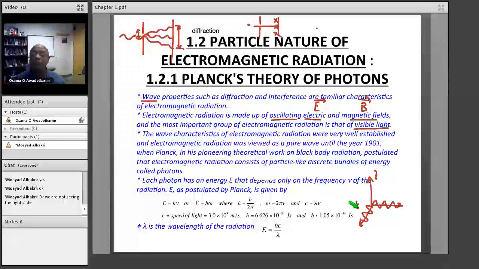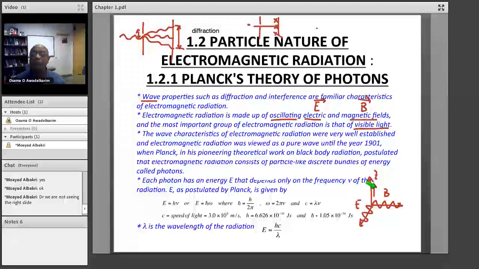So maybe this is electric field, this is magnetic field, and the direction of motion is in this direction. So it's two oscillating electric and magnetic fields, they form the electromagnetic radiation. Light, visible light, is an important component of electromagnetic radiation. So we know very well light is a wave, okay? And it's an electromagnetic radiation, okay?